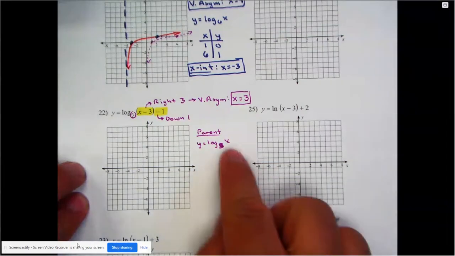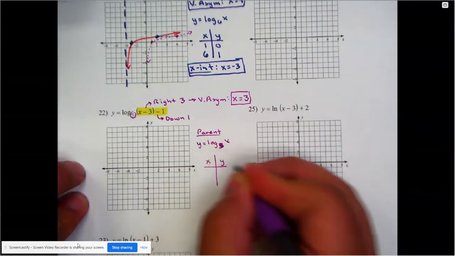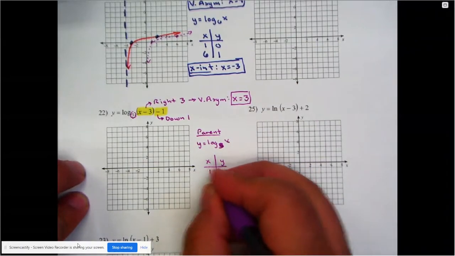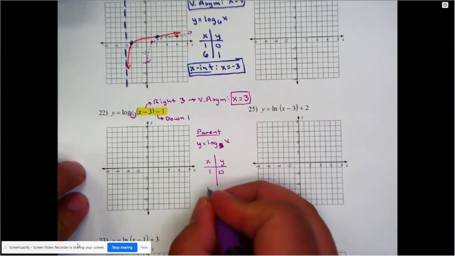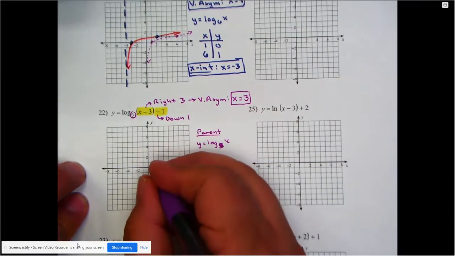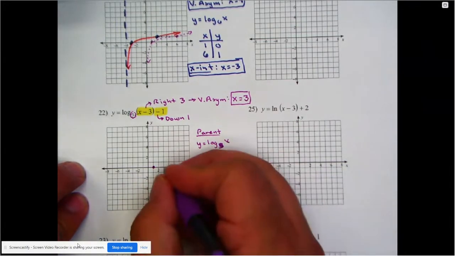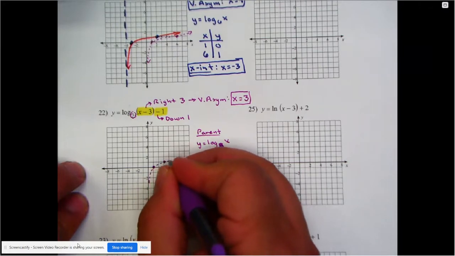And so there's my base of 3. So now here come my classic 2 points that all logs go through. (1, 0), all parent functions go through that. And then, of course, the b, which is (3, 1). Always the b value there. So (1, 0), (3, 1). There's the original parent function.